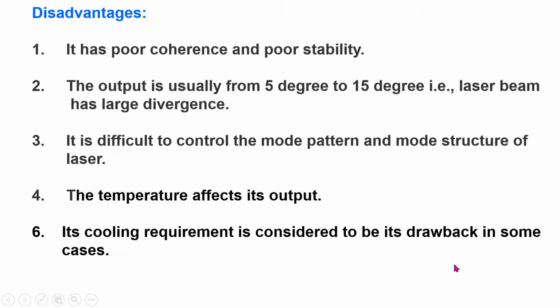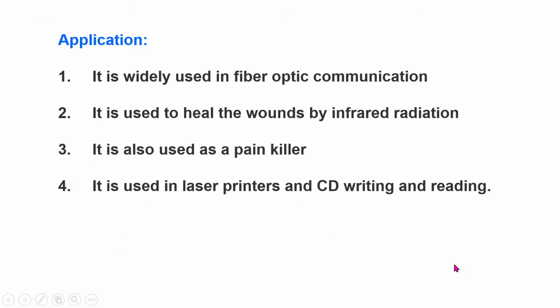Its cooling requirement is considered to be a drawback in some cases. If temperature affects the conductivity of the semiconductor material, then if we use some cooling system, the cooling requirement is considered to be a drawback in some applications. So remember, these are the disadvantages of the semiconductor diode.